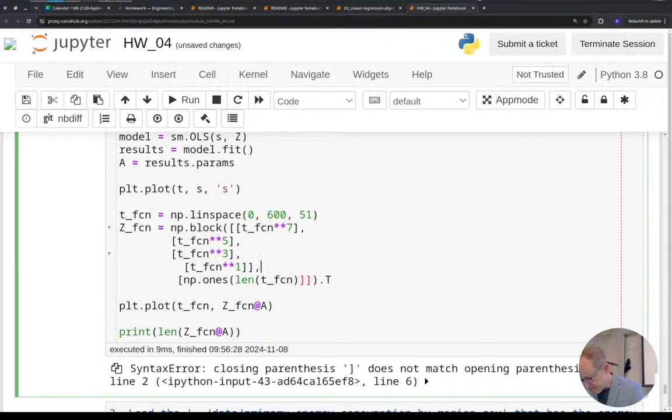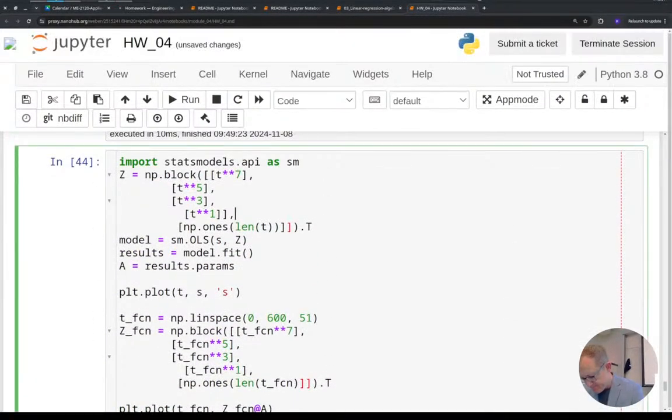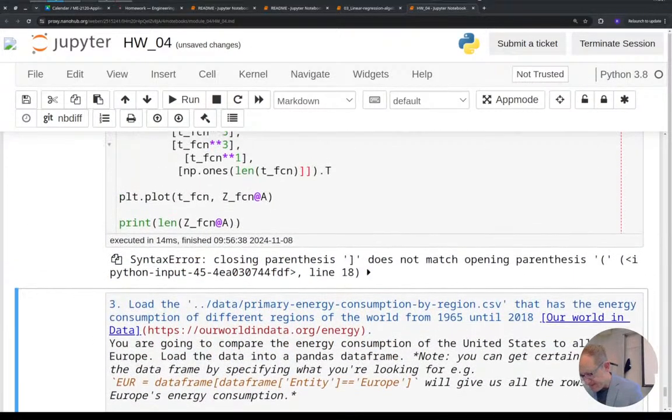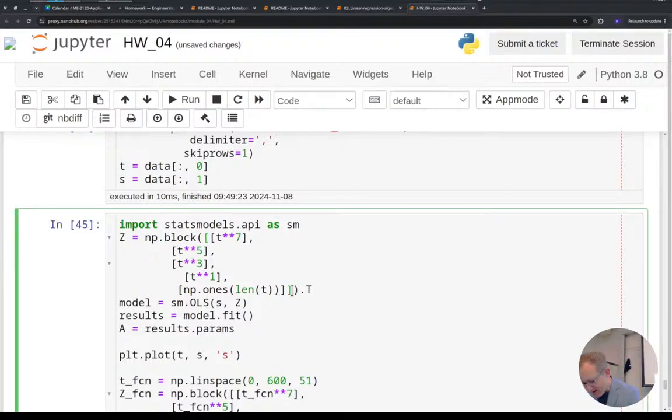Messed it up. All right, I'll get there. We'll get there. I'm messing up my brackets and parentheses somehow.